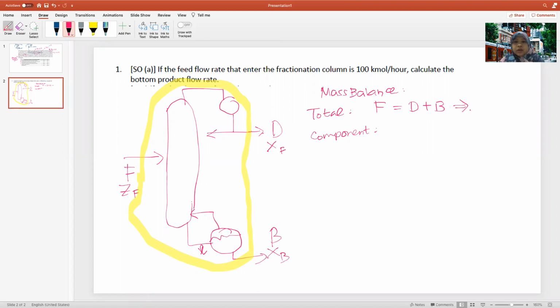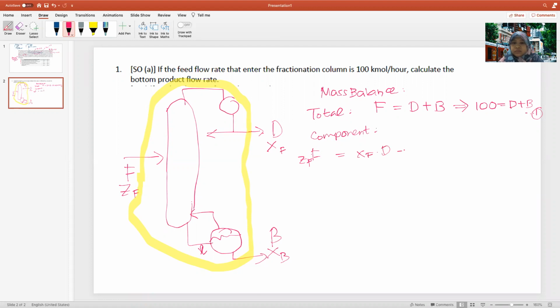So 100 equals D plus B. This is equation number 1. Okay, for the component, anyone? F times ZF equals D times XD plus B times XB.